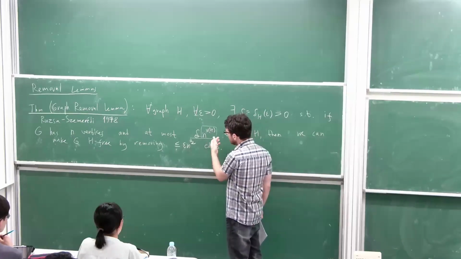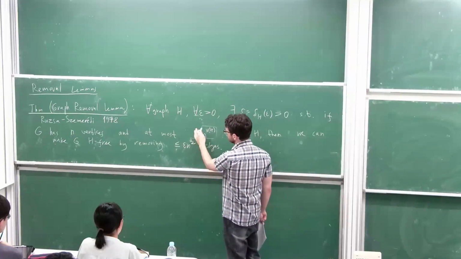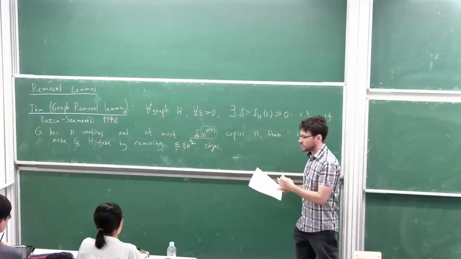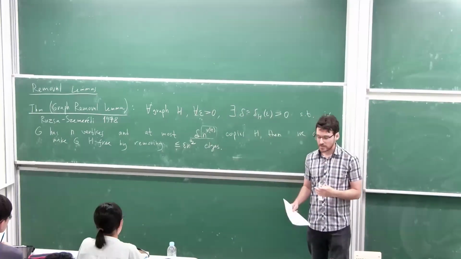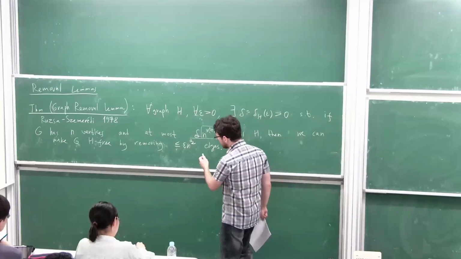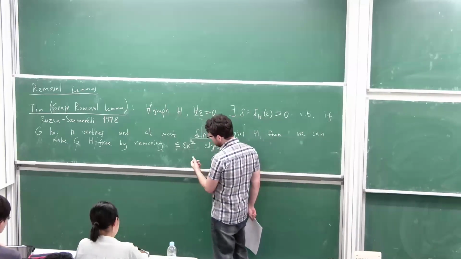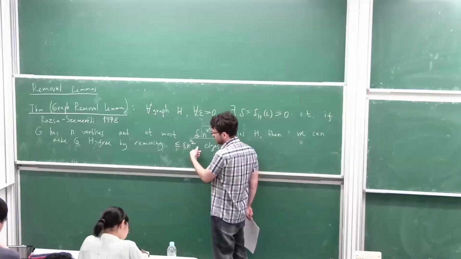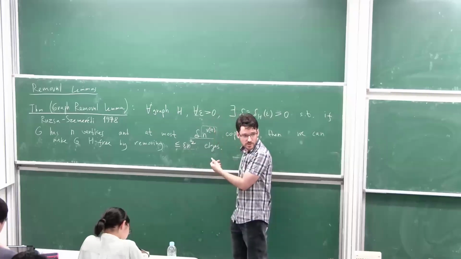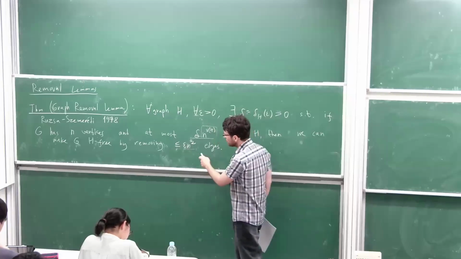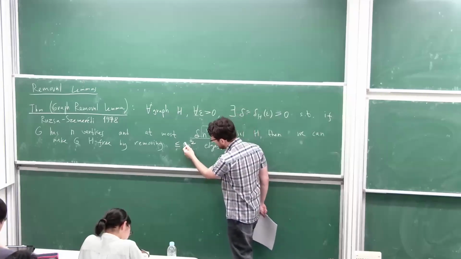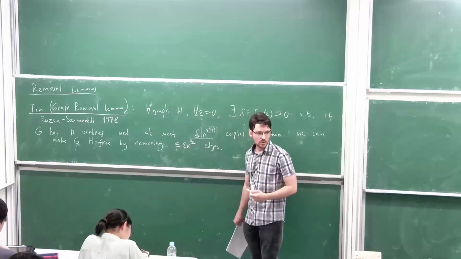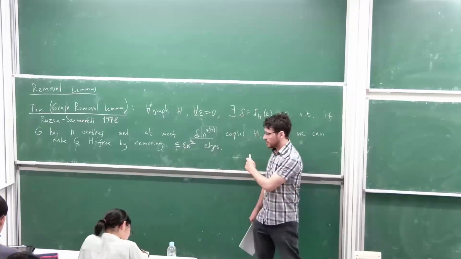And we say the number of copies is at most a delta fraction of the largest possible number. Similarly, the graph has at most n choose 2 edges, so trivially we can delete at most n choose 2 edges, something like n squared edges. And we say that we can delete an epsilon fraction of all potential edges to make it H-free.